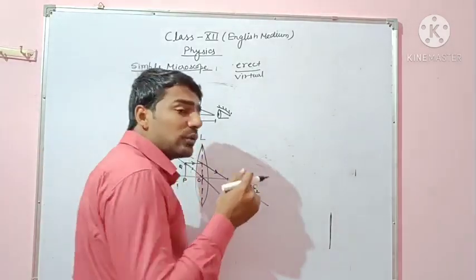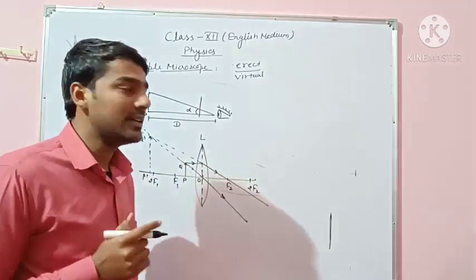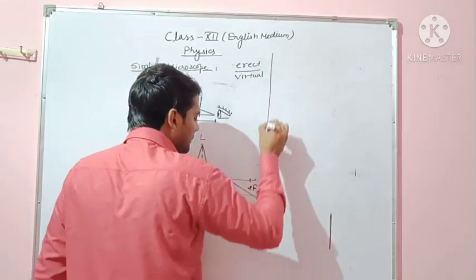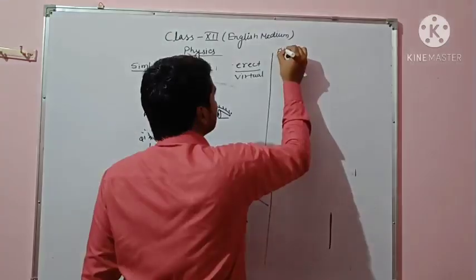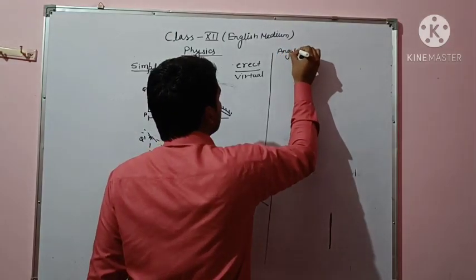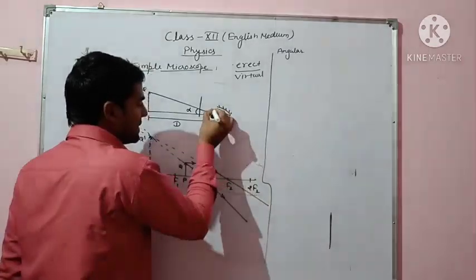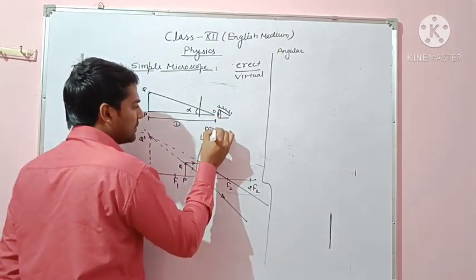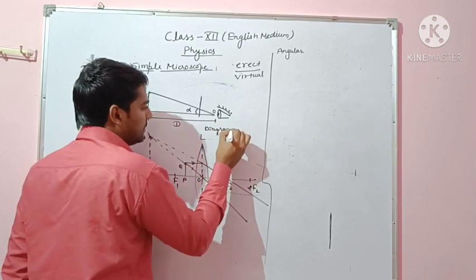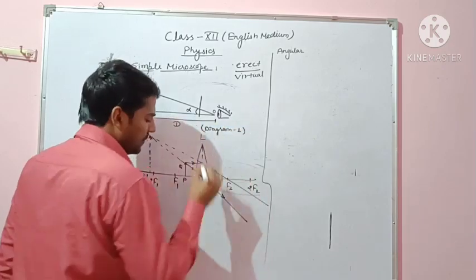Here we have to calculate the angular magnification. So we know that, let us consider this is point O. This is diagram first and this is diagram second.